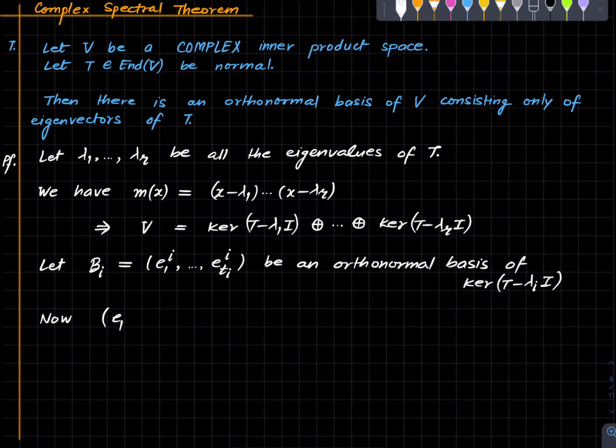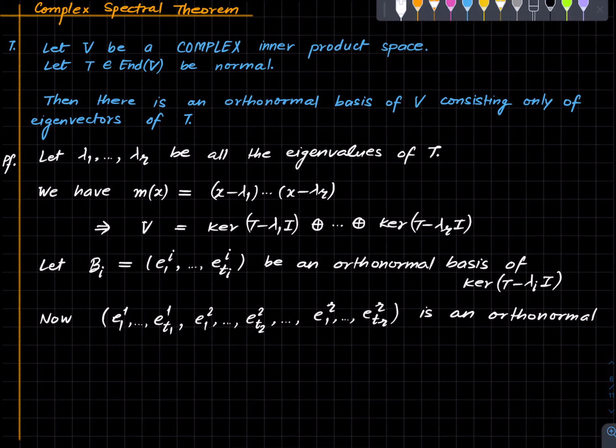Okay, so then basically check that this thing that I'm going to write is an orthonormal basis of V consisting of only eigenvectors of our endomorphism, and that finishes this proof. That is exactly what we wanted to show.